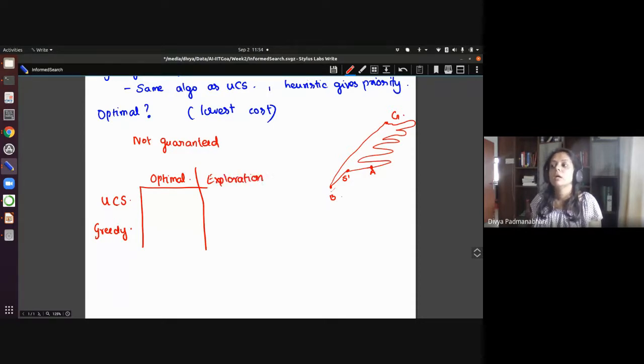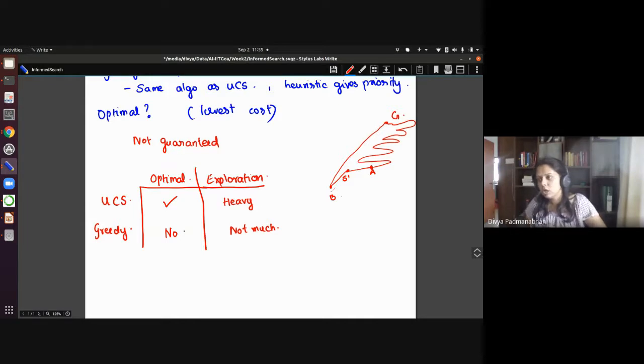Now UCS does too much exploration, so let me just say it's too heavy. Greedy will not do much exploration, provided the heuristic is fine and you can reach the goal. Whereas UCS is optimal, but for greedy, you can't guarantee this.